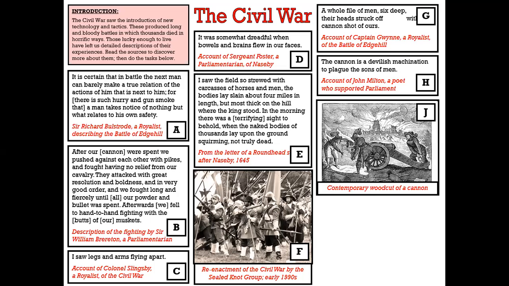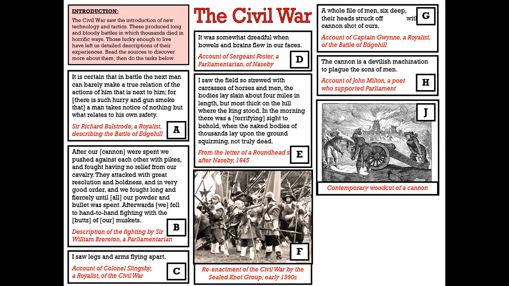In the Civil War, both sides think they're right. Both sides think they're fighting with God on their backs, and both sides are really passionate about their cause. As a consequence, neither side is really shaken by insults. They're just angered and they keep going. And because it's kind of a grudge match, they attack with resolution and boldness and in very good order. They're very hard to shake.